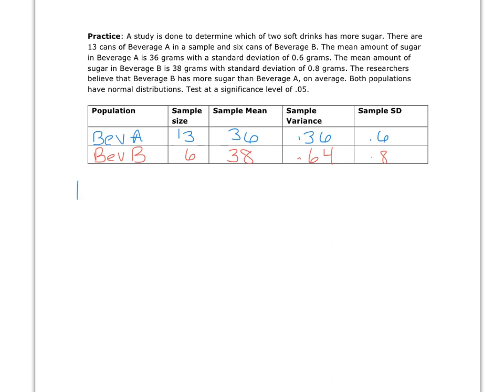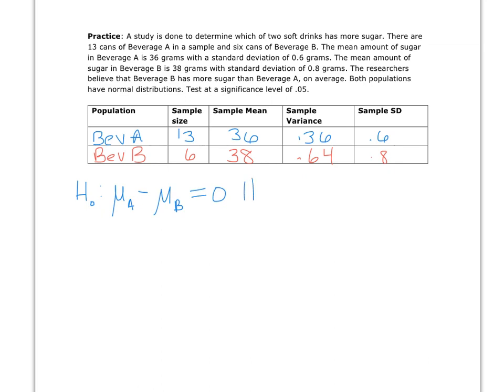First step is the hypotheses. Now, the null is always going to be mu1 minus mu2, or we could just even label these as mu A minus mu B equals 0. So mu A is the true population mean grams of sugar of beverage A, and then mu B is the same thing for beverage B.